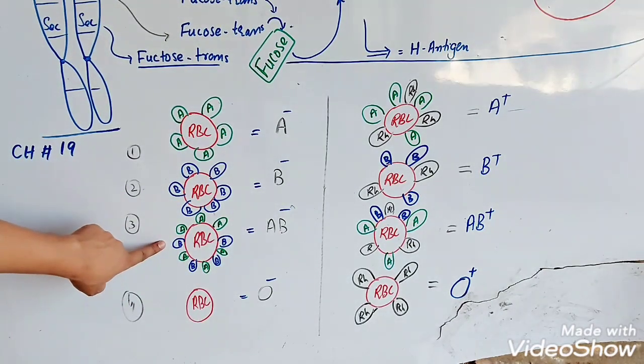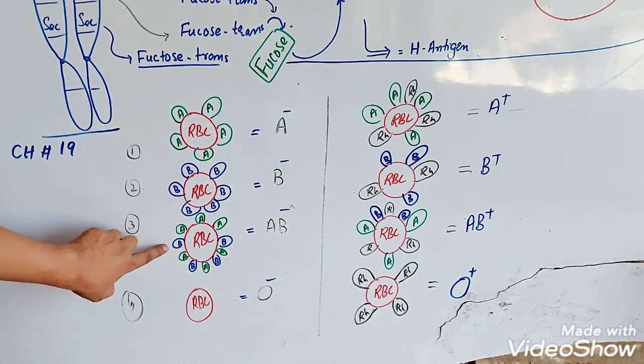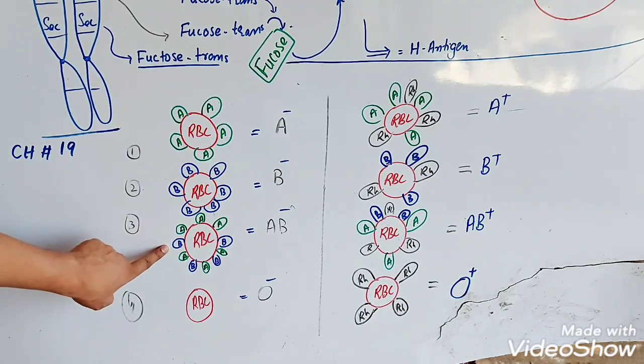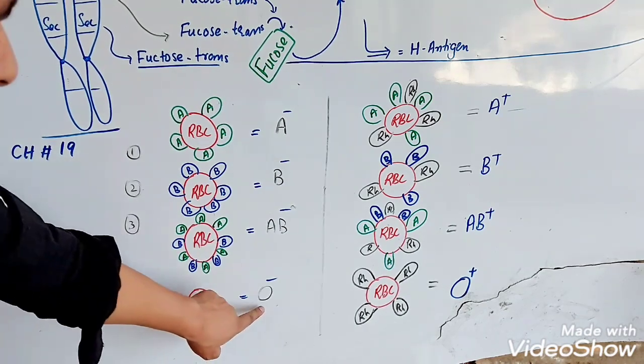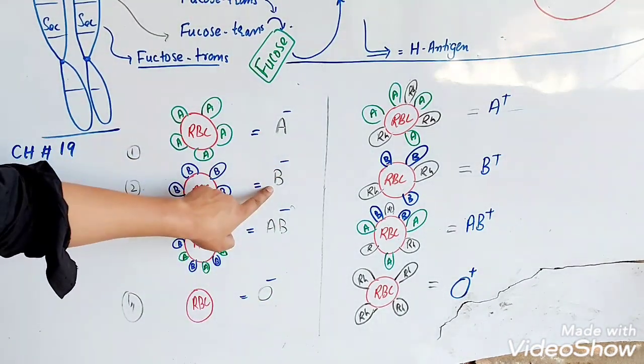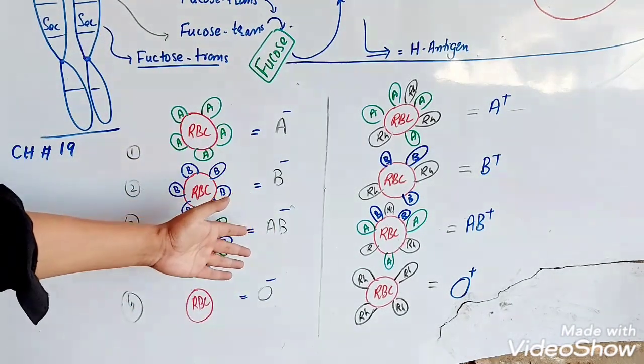Another person who has both antigen A and B will have the blood group AB negative, while the one who does not have antigen A and antigen B and also does not have the Rh antigen will have the blood group O negative.